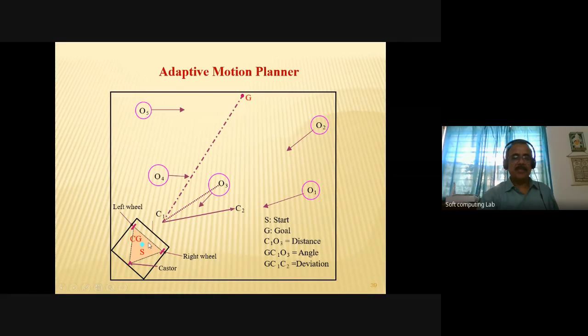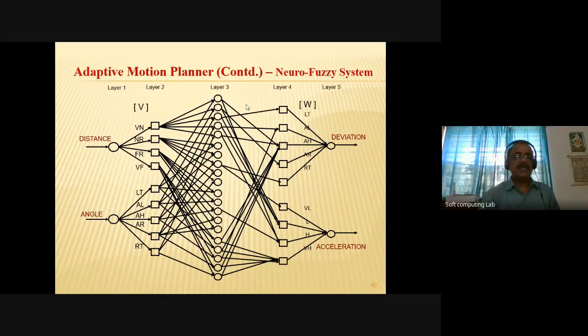This is the starting point of the robot, and this is the goal. Obstacles are moving, the robot is also moving, and the robot will try to find out a collision-free time-optimal path so that it can reach this particular goal. This is known as the motion planning problem in robotics. So we solved it using the principle of this type of network.